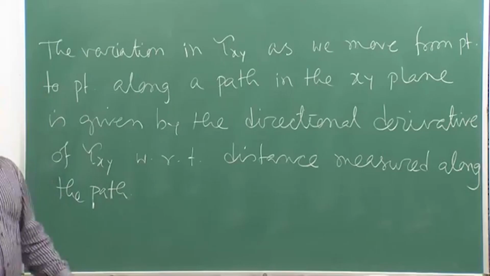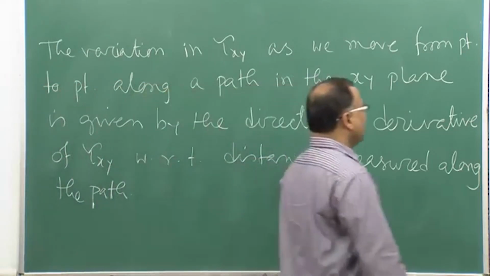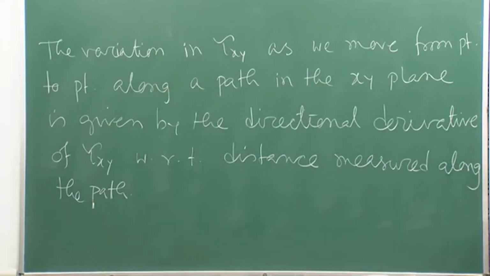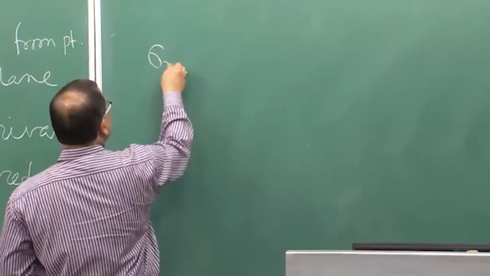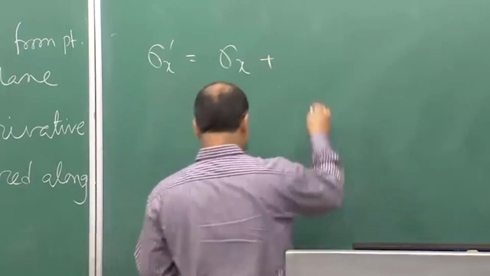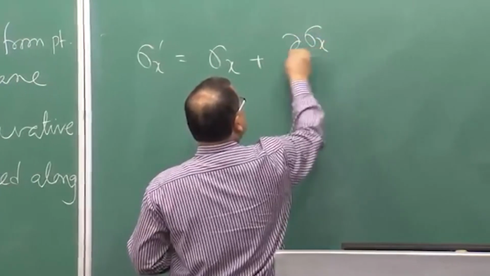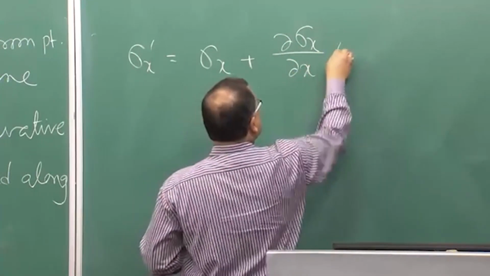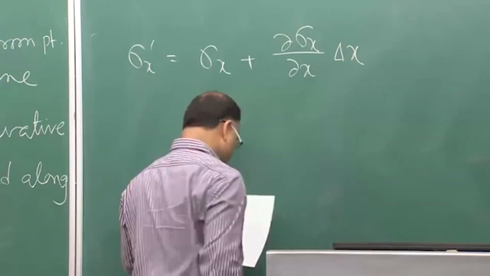So, that you know from the mathematics, right. If you follow this, then basically sigma x prime is equal to sigma x plus del sigma x by del x times delta x.